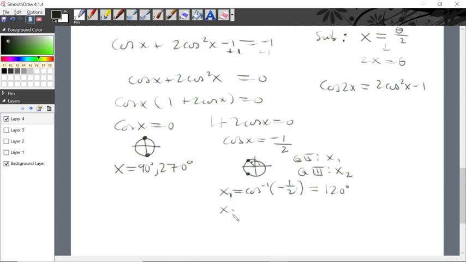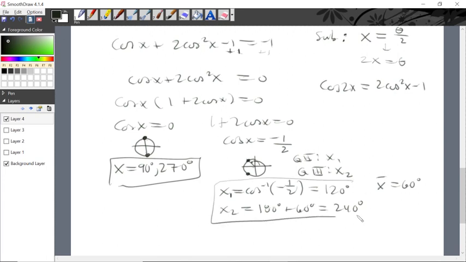And x2, this means the reference for x is equal to 60 degrees. So x2 is going to equal 180 degrees plus that 60 degrees, which gives us 240 degrees. So we now have 1, 2, 3, 4 values of x.